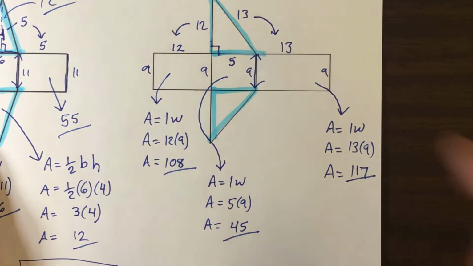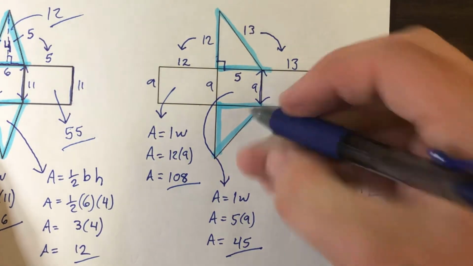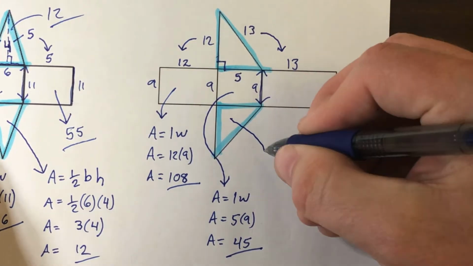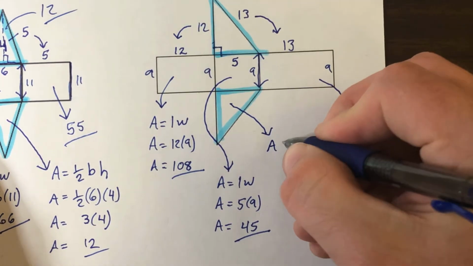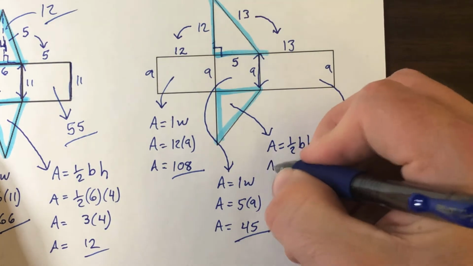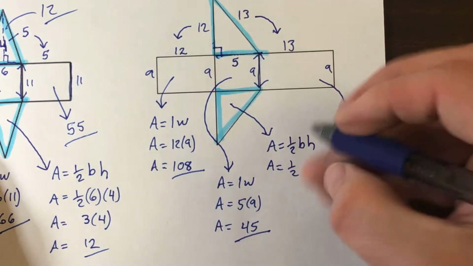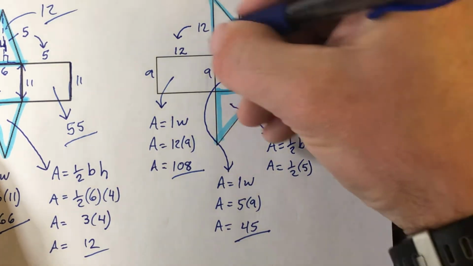Last, the triangles. At least the triangles are identical. That way, I only have to find one of them. Okay, I think we have enough room right here. So A equals 1/2 times base times height. So A equals 1/2 times the base is 5. The height is 12.